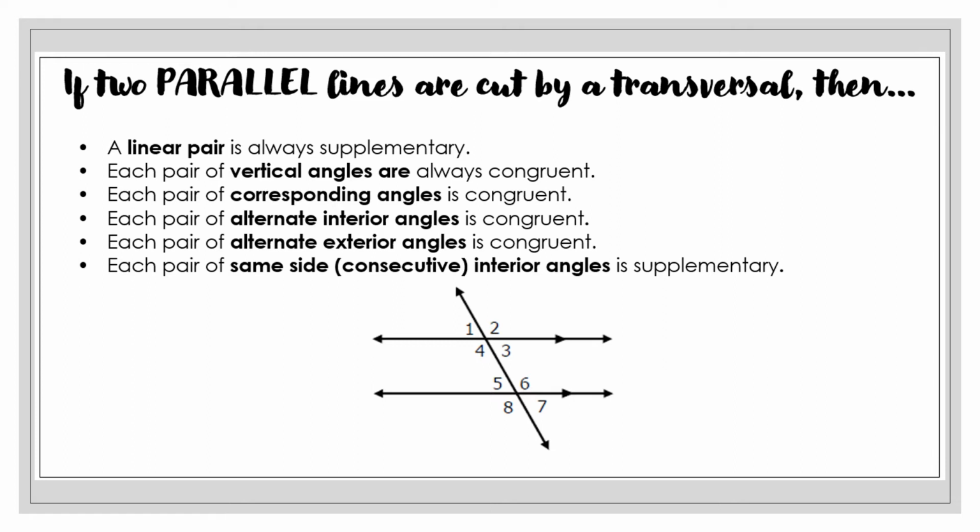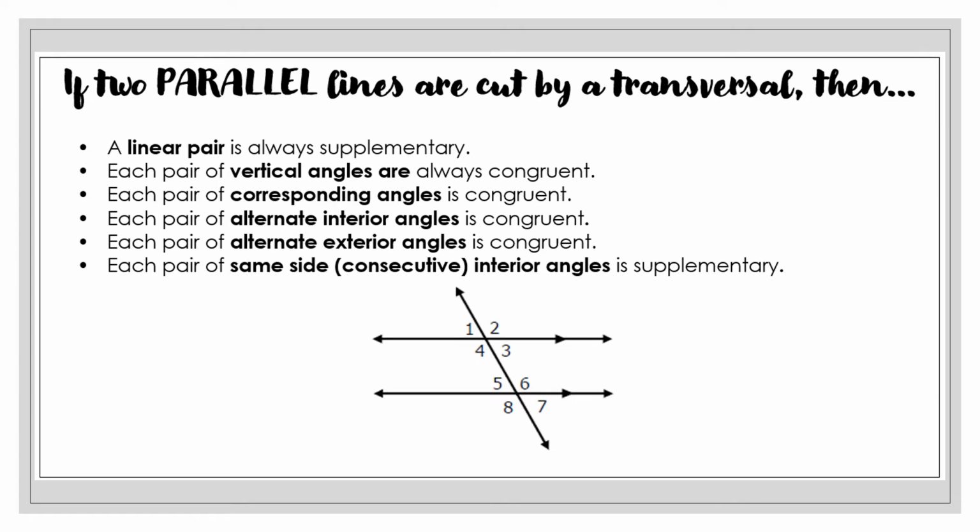And your same side or your consecutive interior angles, that would be angle 4 and 5 or angles 3 and 6, those are going to be supplementary, which means they add to equal 180 degrees. Of course, you're going to have your other things that apply in all situations, like linear pairs, 1 and 2, 2 and 3, 3 and 4, 1 and 4.